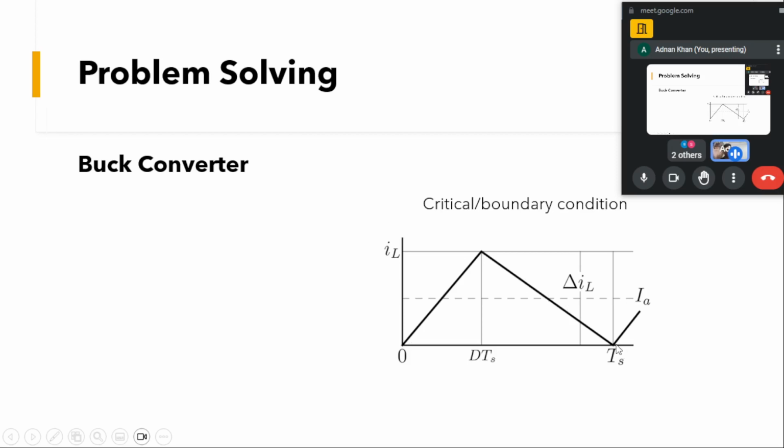This condition is known as the critical or boundary condition, because if we further reduce the inductance, the current will go to some peak value and reach zero before this Ts interval.